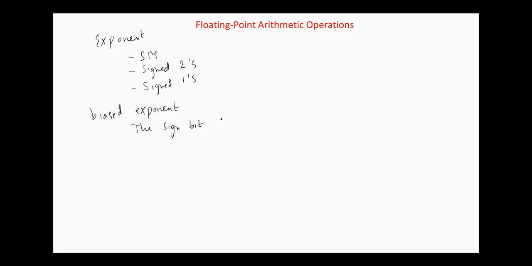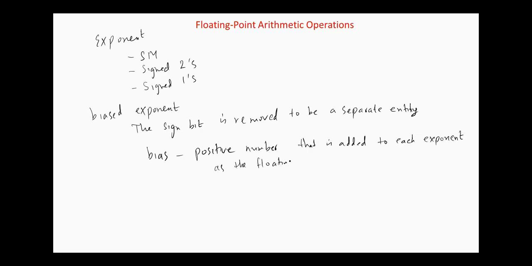Here, the sign bit is removed to be a separate entity. The base is a positive number that's added to each exponent as the floating point number is formed. In this case, internally, all exponents are positive.